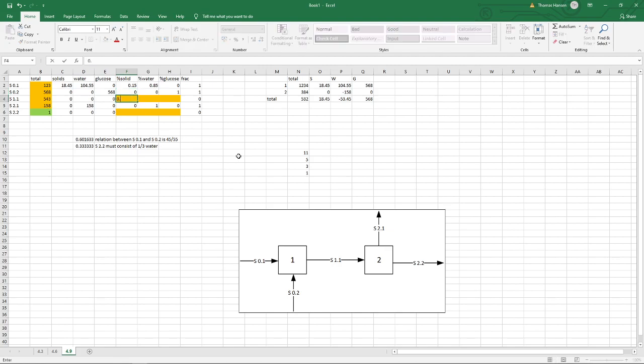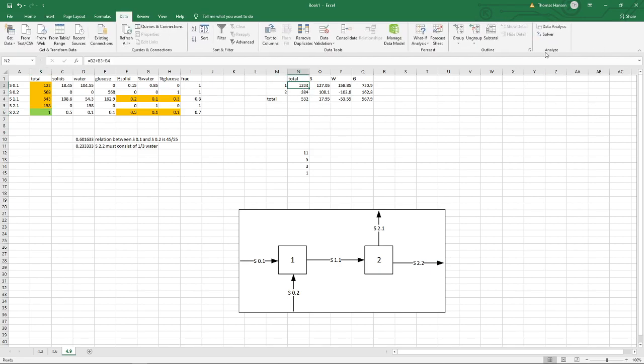And I just want to put in some values so it doesn't mess up. There we go. I've put in more or less random values into my unknowns. I've picked that I want to produce 1 pound. So now I want to set up my solver.